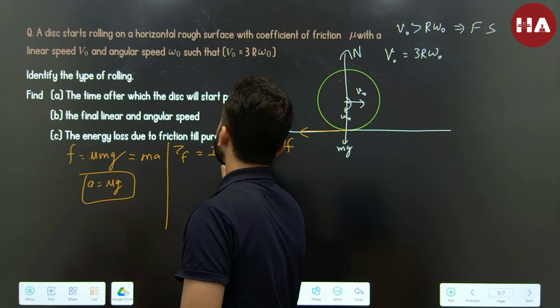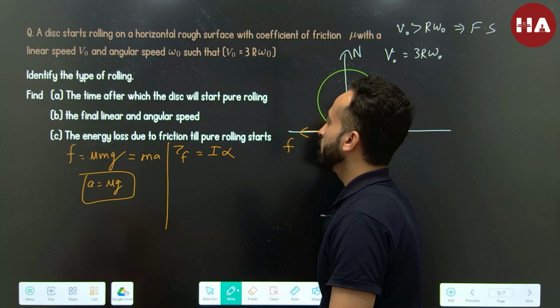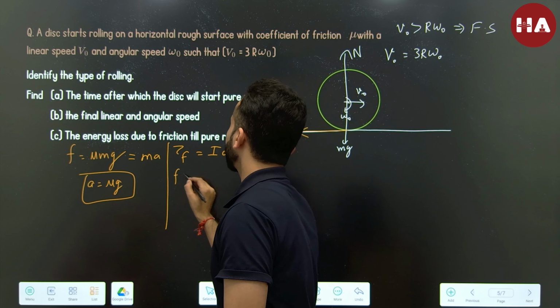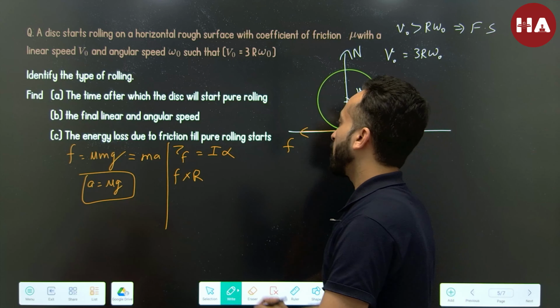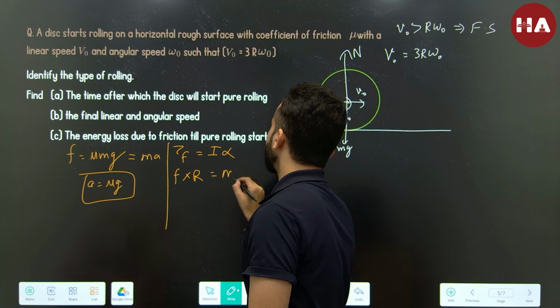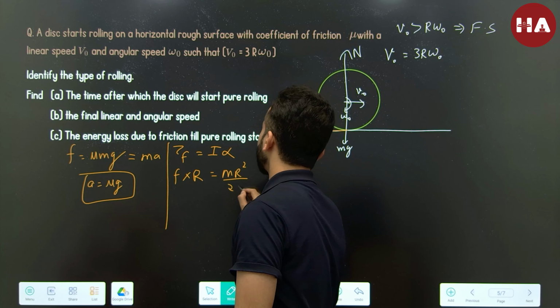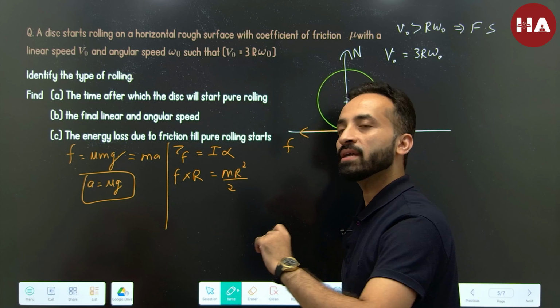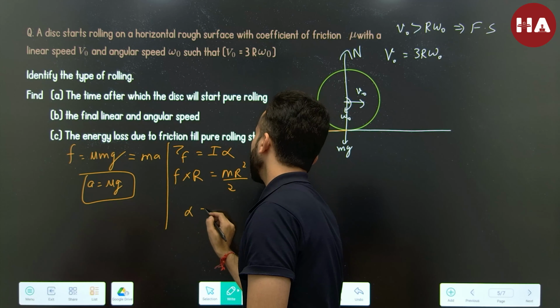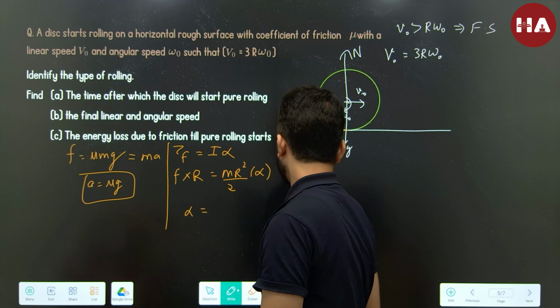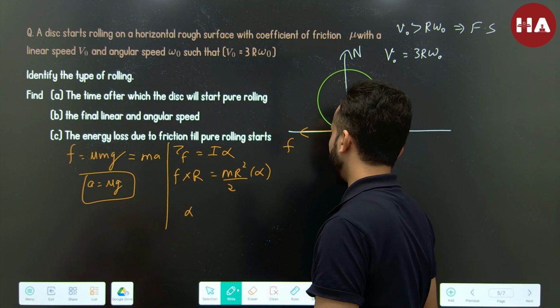You will write the torque is I alpha, of course. Now what is the torque of friction? F times perpendicular distance, and the perpendicular distance is going to be r. Since it is a disk, I will use the moment of inertia of a disk, that is m r square by 2, and then there is alpha. Let me first put the value of friction.